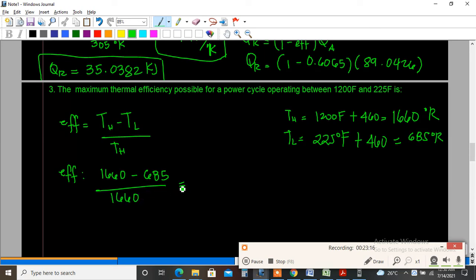That will be equal to 0.5873, or equal to 58.73%. Okay.